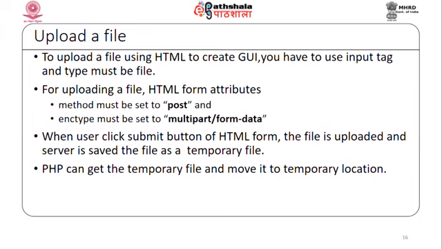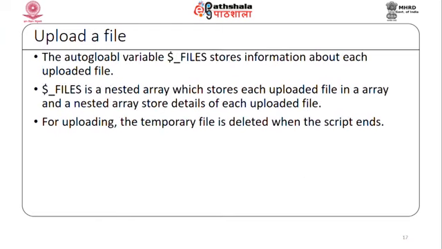For uploading a file, the method must be set to post, and the encryption type must be set to multipart/form-data. When the user clicks the submit button of the HTML form, the file is uploaded and saved on the server as a temporary file. Then PHP can get the temporary file and move it to another location.